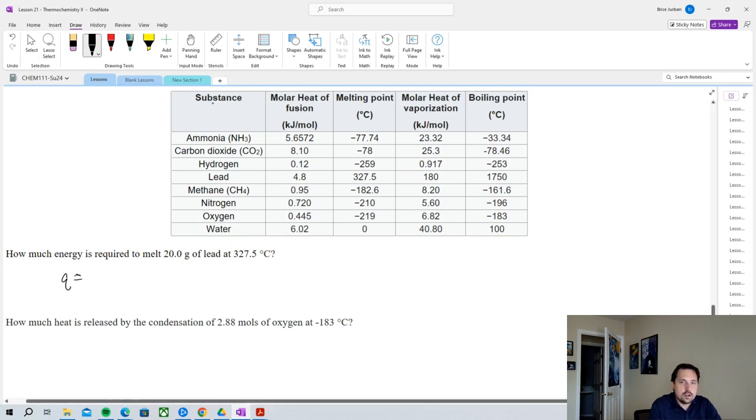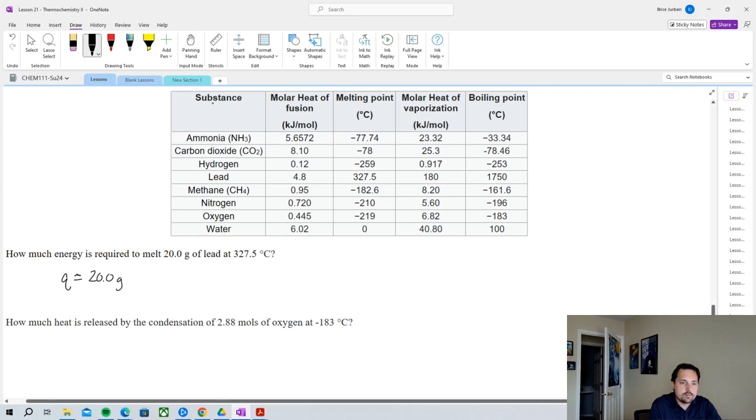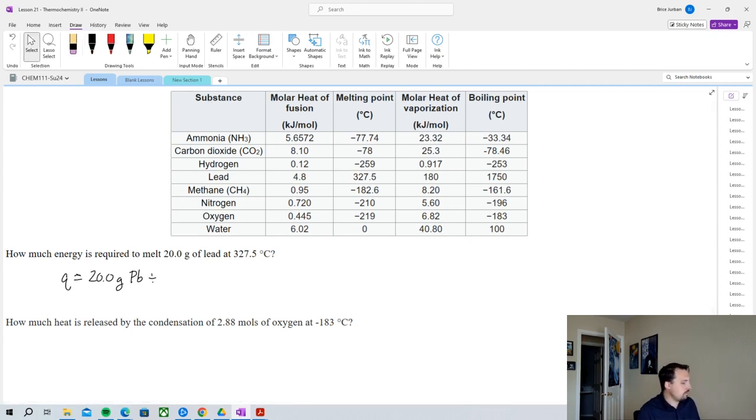Here we're going to use the molar heat of fusion. In order for us to do that, we need to take the mass and convert it into moles. So we know how to do that now. Lead is Pb. We'll have to divide it by the molar mass of lead. I'm looking that up. 207.2.